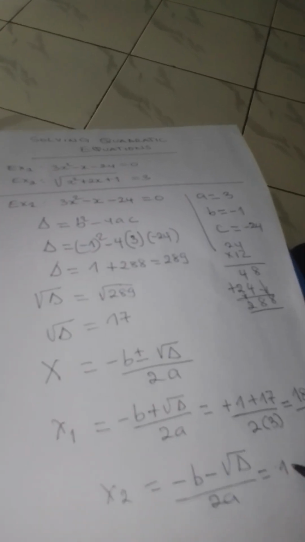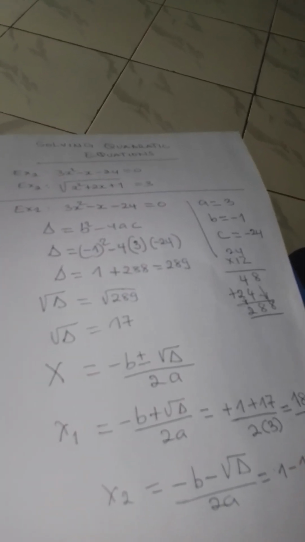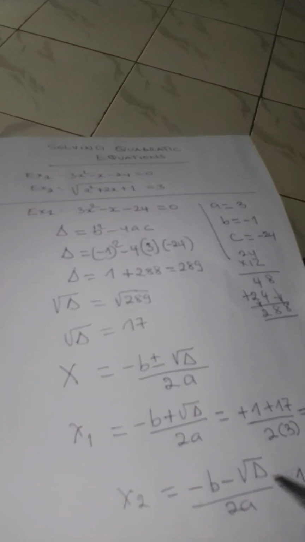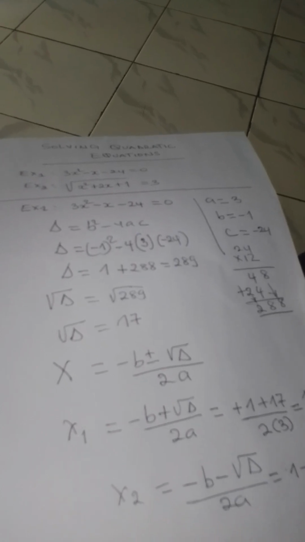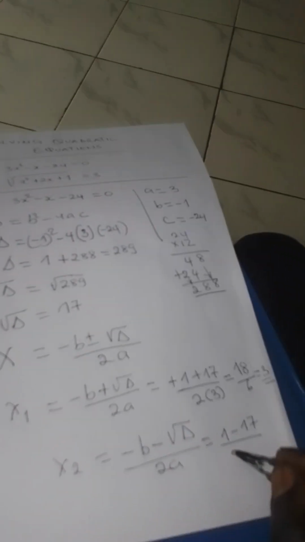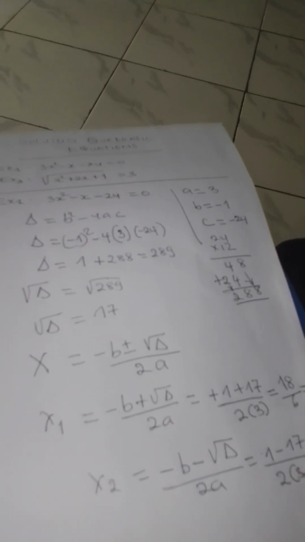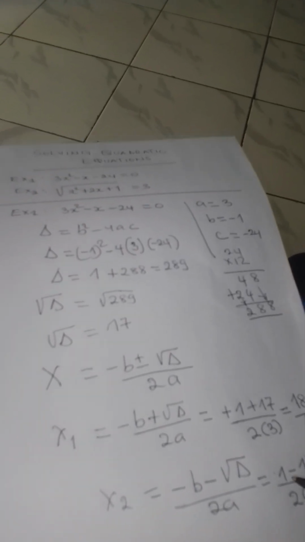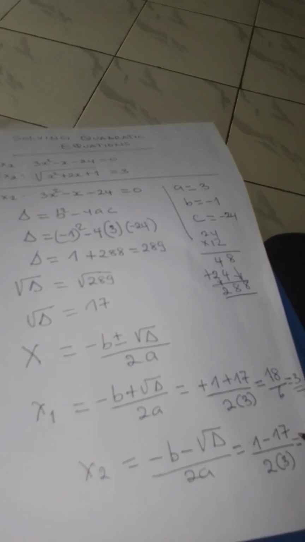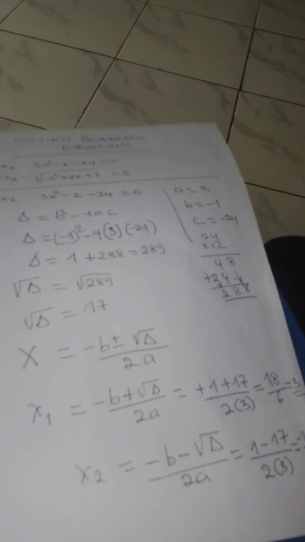It is positive 1, then minus 17, because root delta is equal to 17. Then we divide by 2, then in bracket a, and a is equal to 3. Here, when you subtract, you get negative 16 over 6.